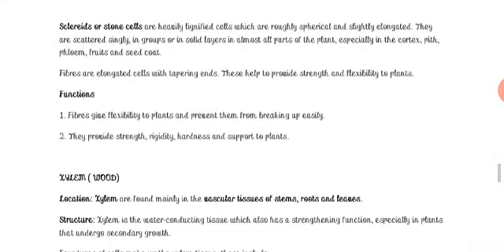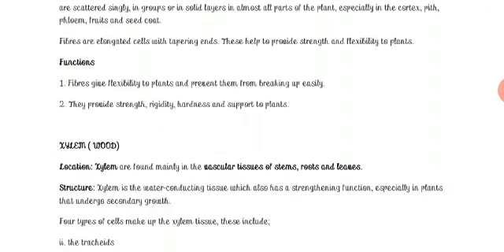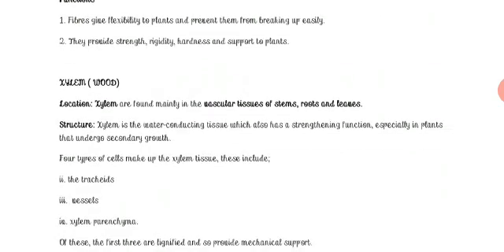Now, number 4, that is xylem, also referred to as wood. Xylems are found mainly in the vascular tissues of stem, roots, and leaves. Structure. Xylem is the water conducting tissue which also has a strengthening function, especially in plants that undergo secondary growth.